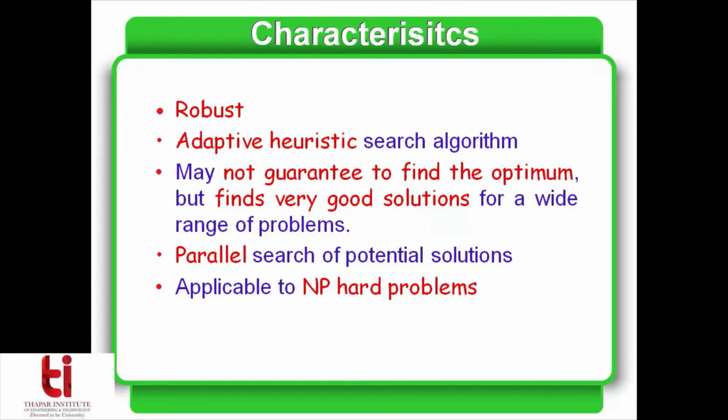And they can be applied to NP-hard problems such as the traveling salesman problem. So they are able to be applied to any random stochastic problem classified as NP-hard, and hence they are able to solve quite complex problems which occur in the real world.